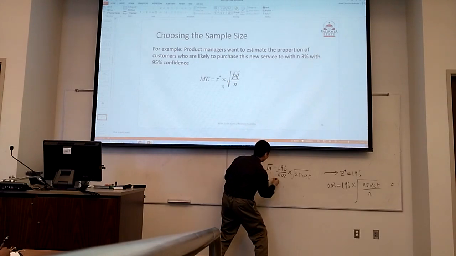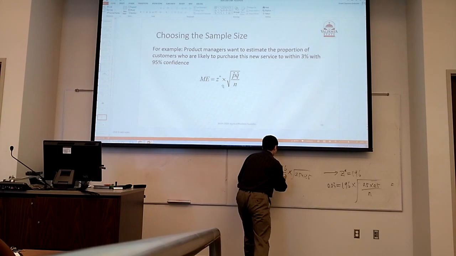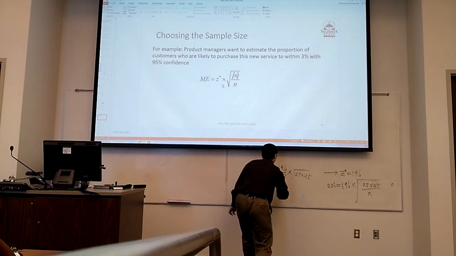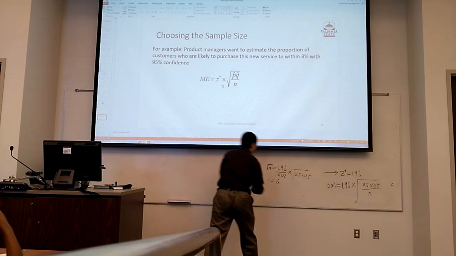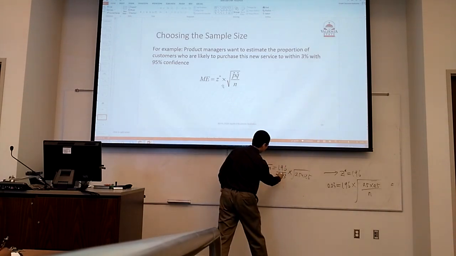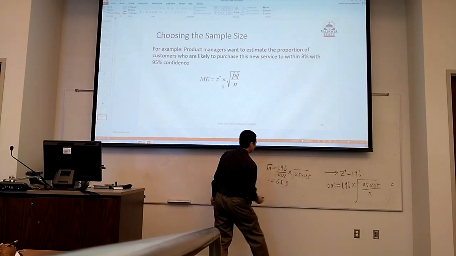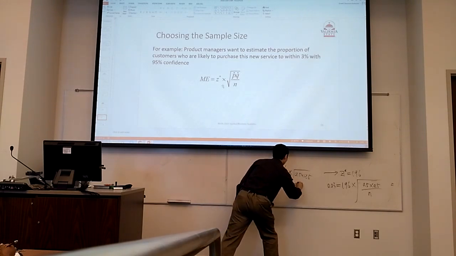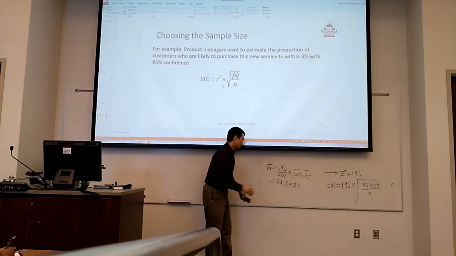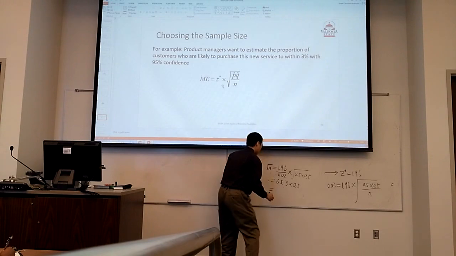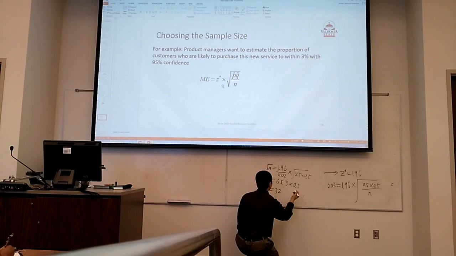If I do more calculation, this will be equal to 65.3 times 0.5, since the square root of this one is 0.5. So it's going to be 32.65.